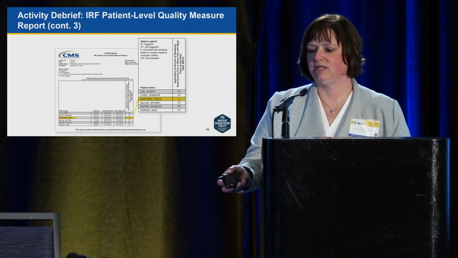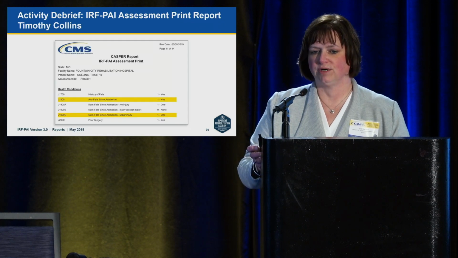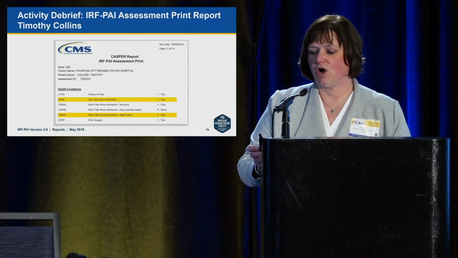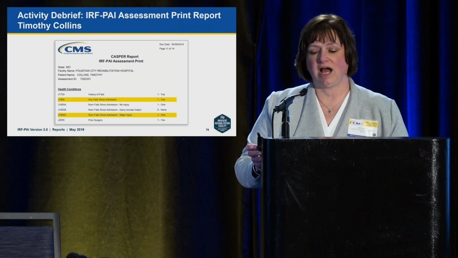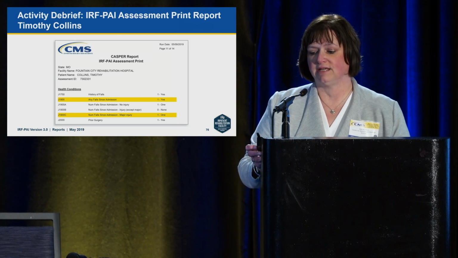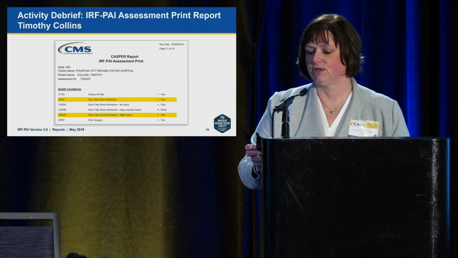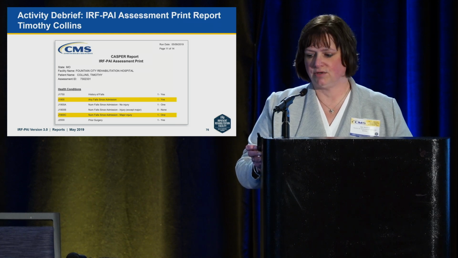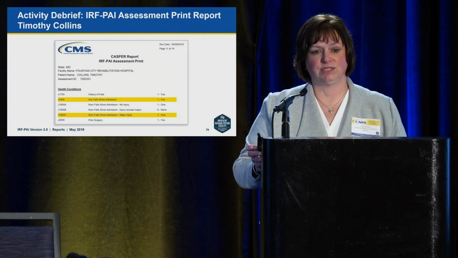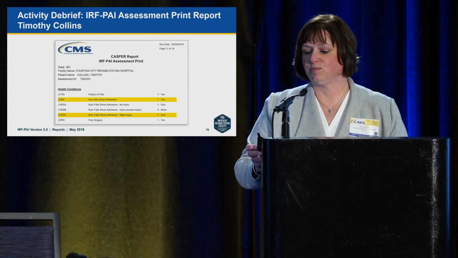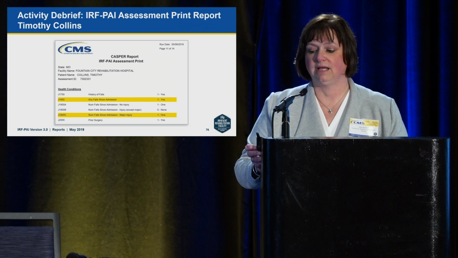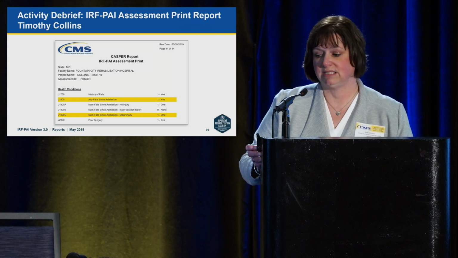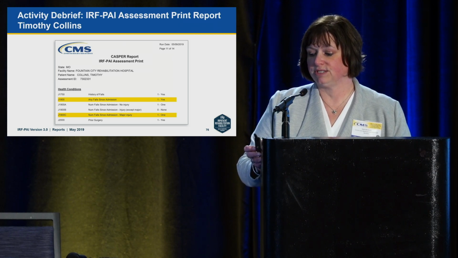Now we move on to the IRF PI assessment print report. So hopefully you've identified why those measures triggered for those persons. You can see that J1800, are there any falls since admission, was yes. And for this particular patient, they had 1 fall with major injury identified in J1900C during or since admission.